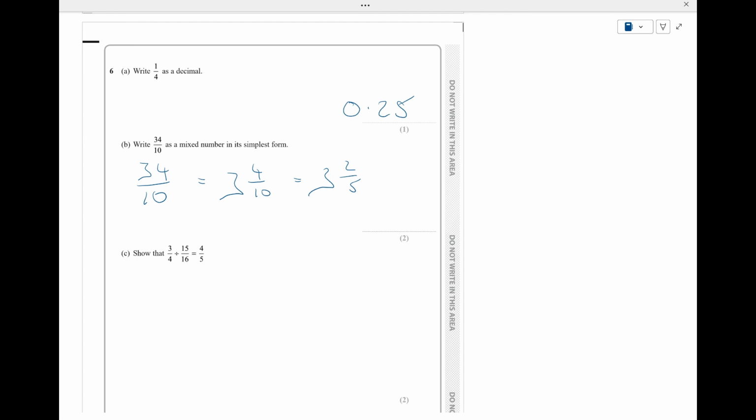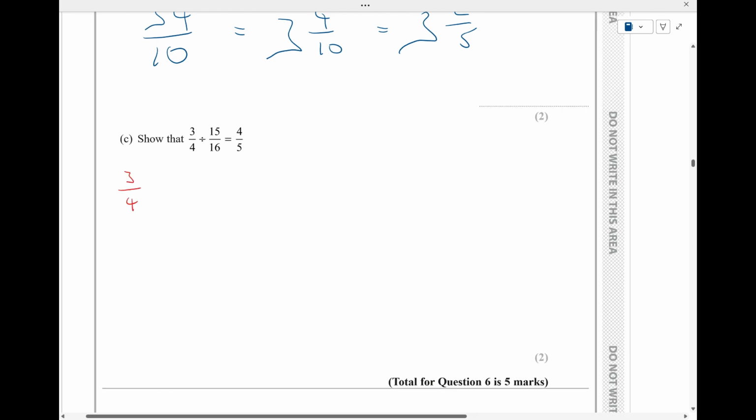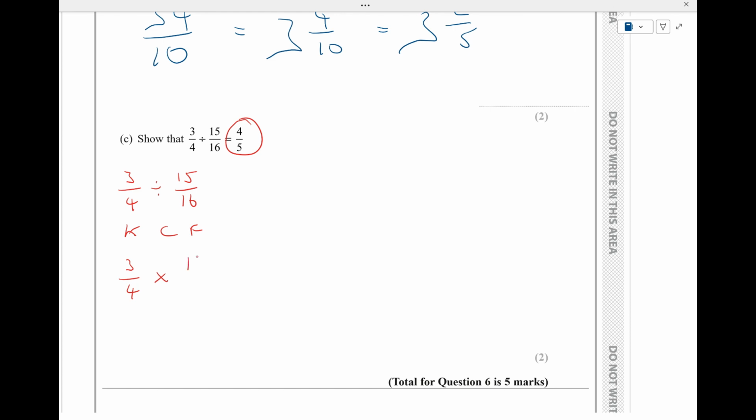Now, this one you can't use your calculator for because it's a show that. So you must start with this, and we're going to work this out and hope that we get 4 fifths. So this is a division, isn't it? So we're going to keep, change, flip. Keep, change, flip. Now, top times top, 3 times 16, 48.